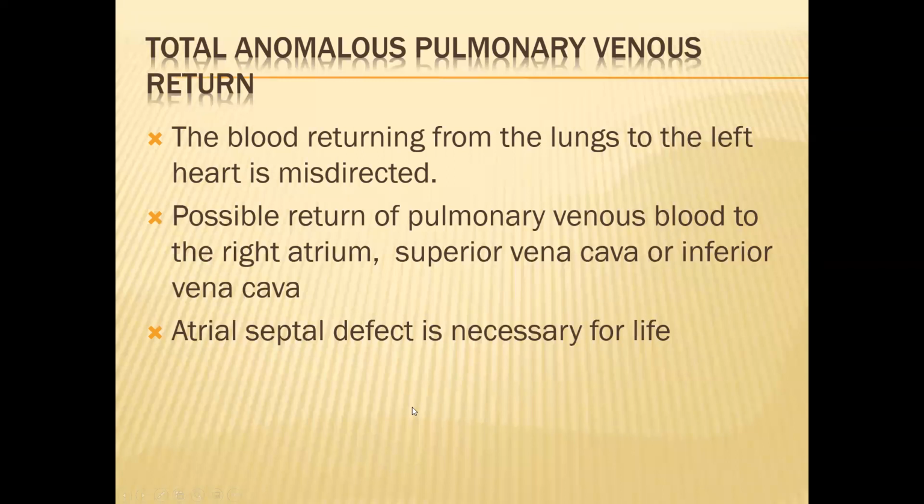What happens during development to make that happen? Just the pulmonary veins. And it's possible to have extra veins in the thing. That's possible.